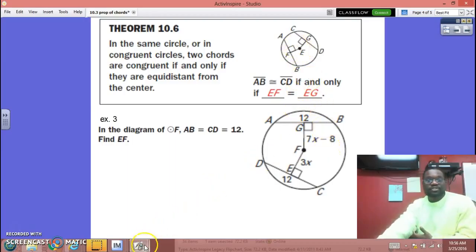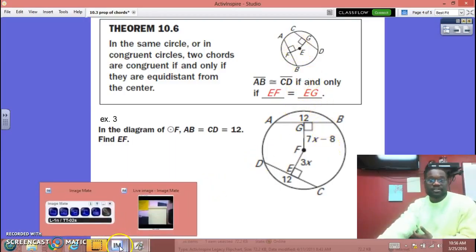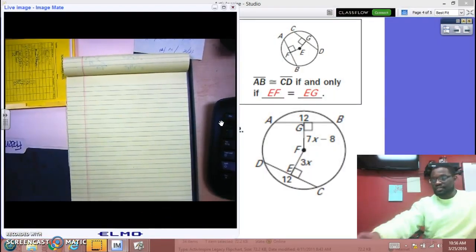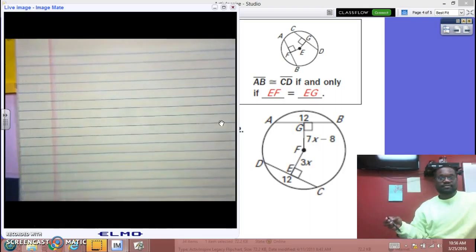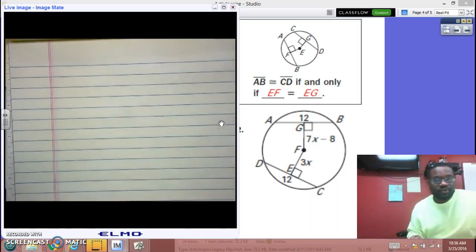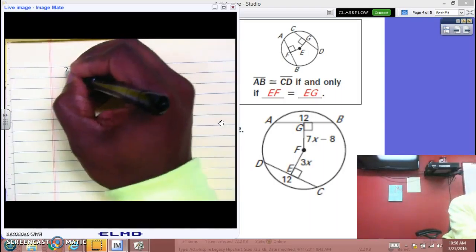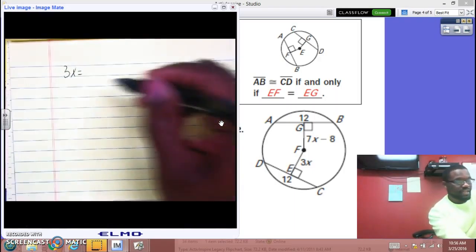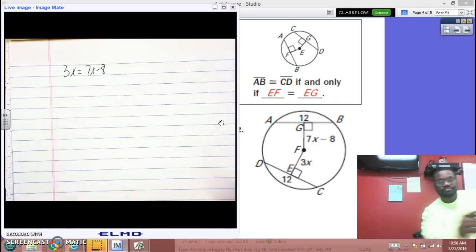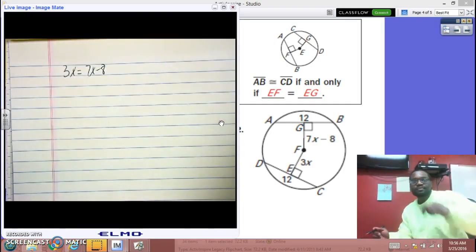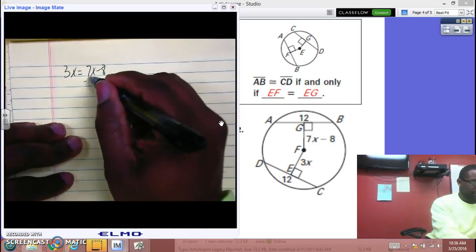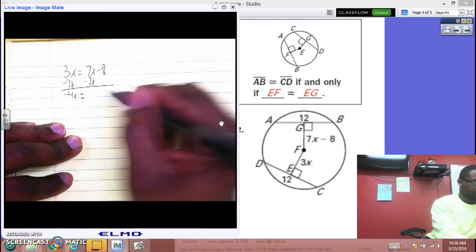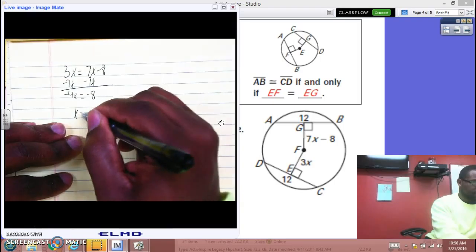So the equation I would set up, since they're congruent, yes, you guessed it, is 3x equals 7x minus 8. Solving for x, x equals 2.